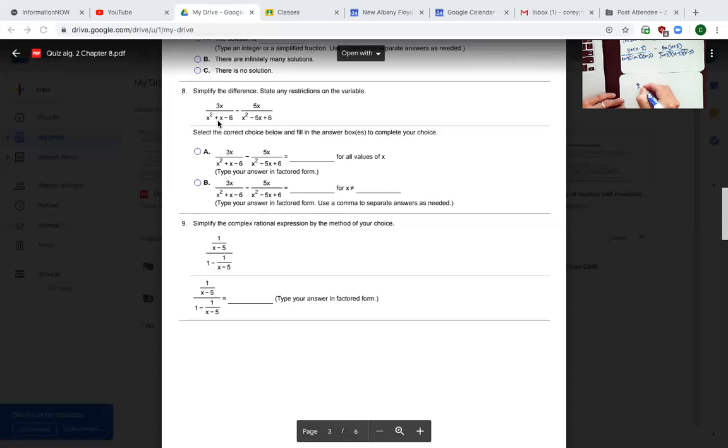So that's going to give me 3x squared minus 9x minus the quantity 5x squared plus 15x. And so to simplify, we have 3x squared minus 5x squared. That's going to be negative 2x squared. And then we have negative 9x minus 15x. So that'd be minus 24x.